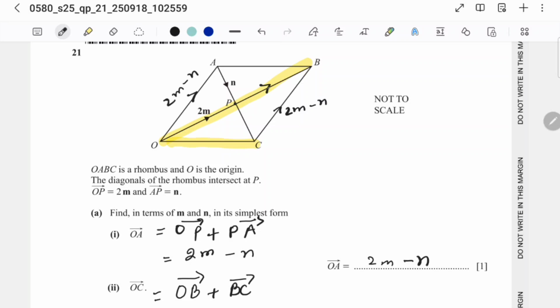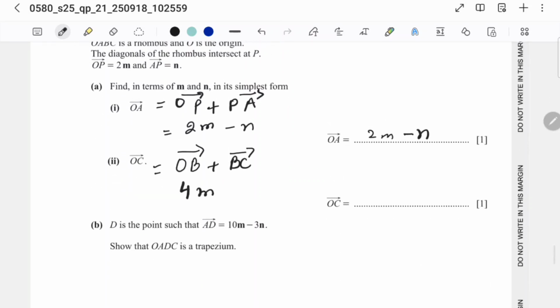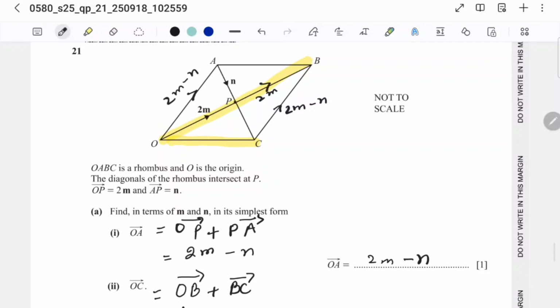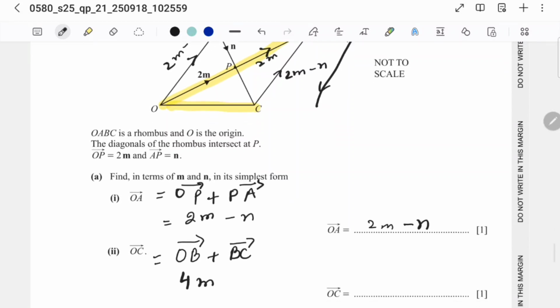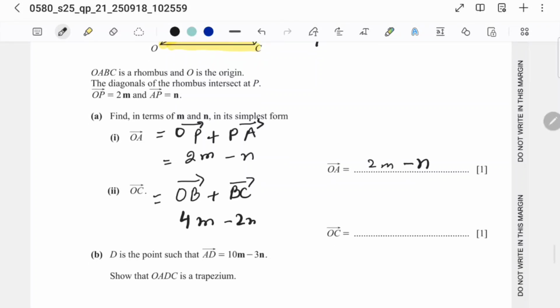Alright, and this is the center one, so this is also 2m. Okay, so O to B is 4m, and for B to C, we just change the sign over there because we are coming the opposite way, so that is equal to minus 2m plus n. So that is 2m plus n.